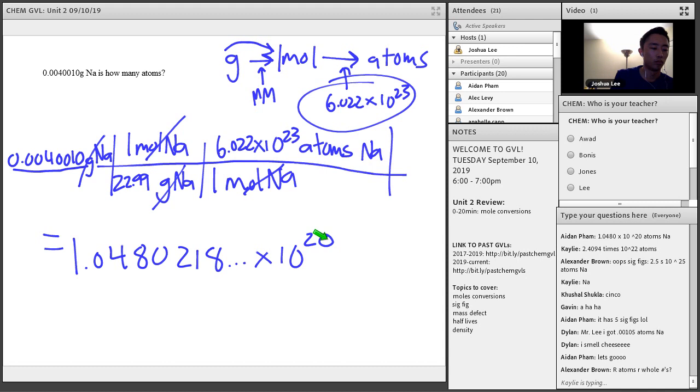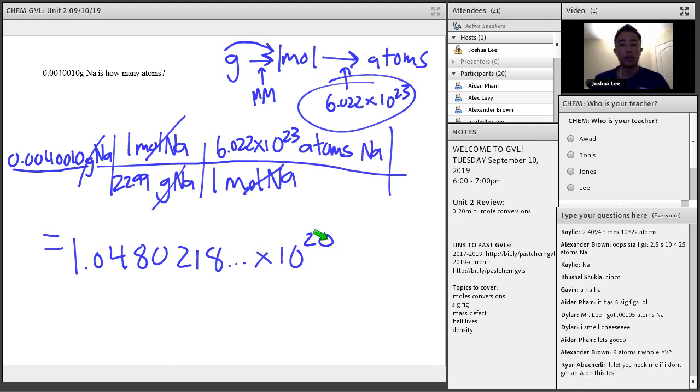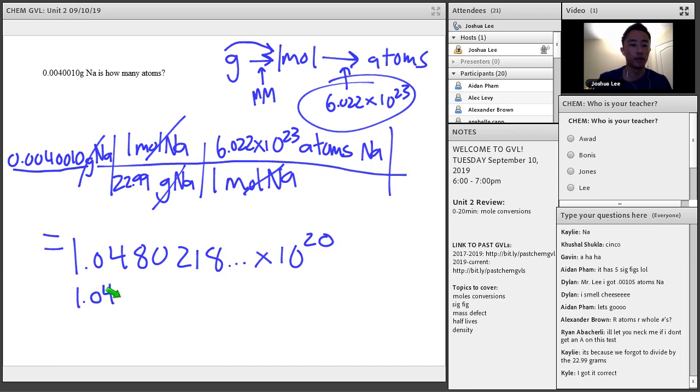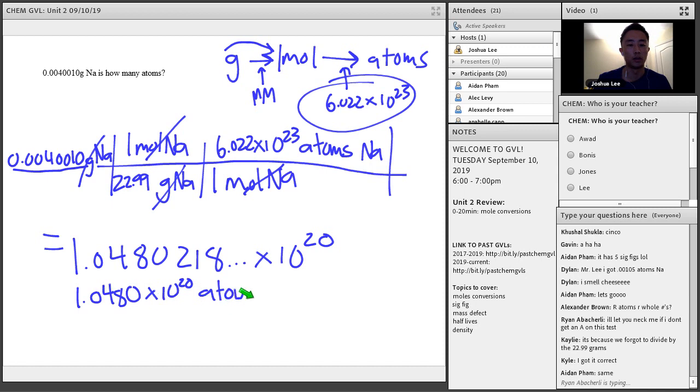And then with sig figs, 1, 2, 3, 4, 5, times 10 to the 20th atoms of sodium.